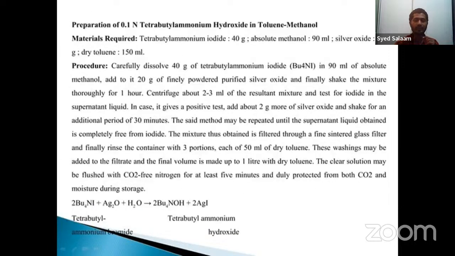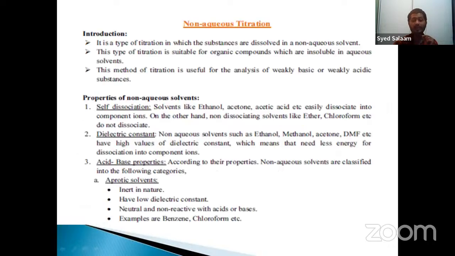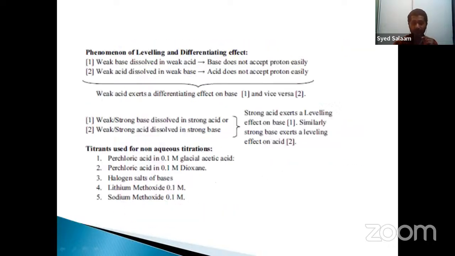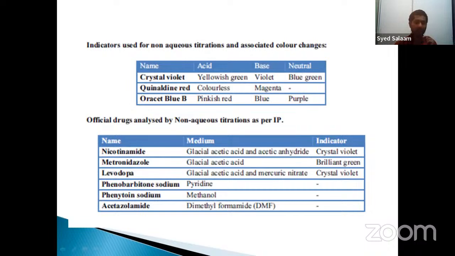So that is about non-aqueous titrations, which are very important in chemistry for analysis of various compounds. Assay of various compounds can be done by this method, in which the solvent is something other than water.